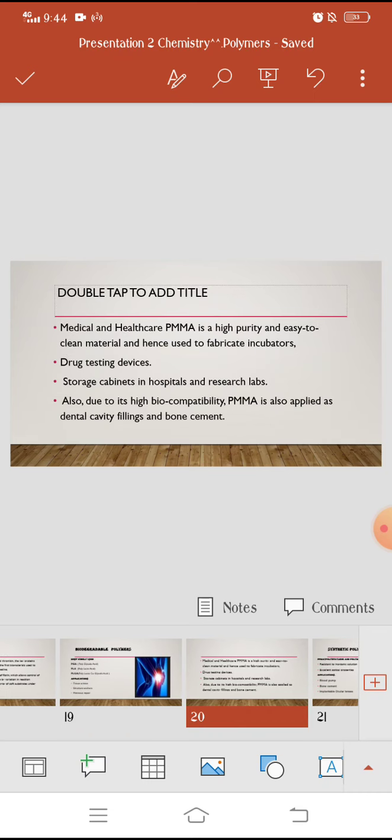Medical and healthcare: PMMA is a high purity and easy to clean material and hence used to fabricate incubators, drug testing devices, storage cabinets in hospitals and research labs. Also, due to its high biocompatibility, PMMA is applied as dental cavity fillings and bone cement.